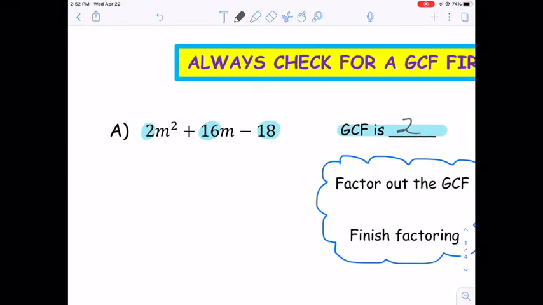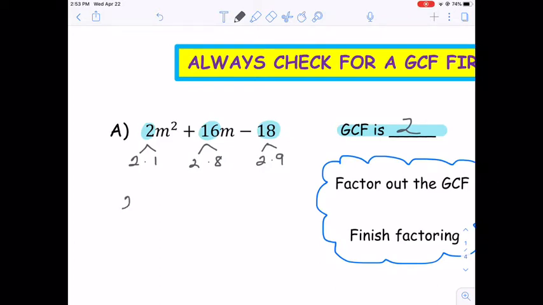So I'm going to take a 2 from every one of these coefficients. This first one breaks down to 2 times 1, 16 breaks down to 2 times 8, and the 18 breaks down to 2 times 9.